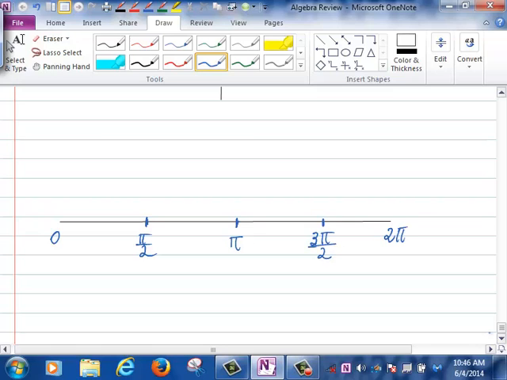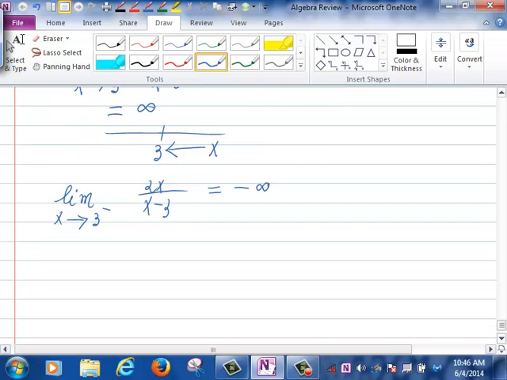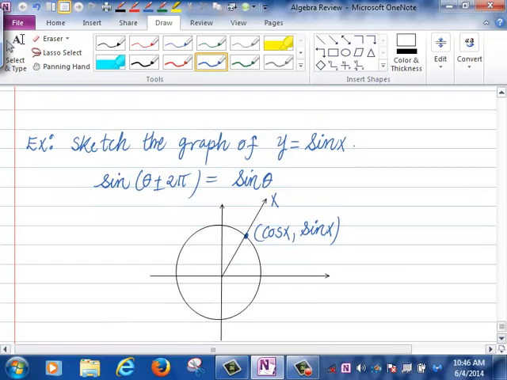Now notice, what's the value of sine x when x is 0? 0. What's the value of sine x when x is pi over 2? 1. So what's happening between 0 and pi over 2? Remember, I have the circle, and when x is the angle 0, the point is 1, 0, so sine 0 is 0.